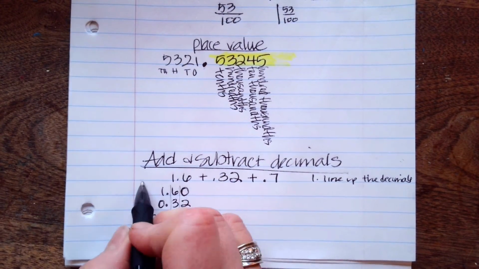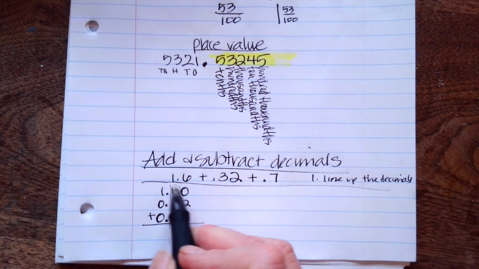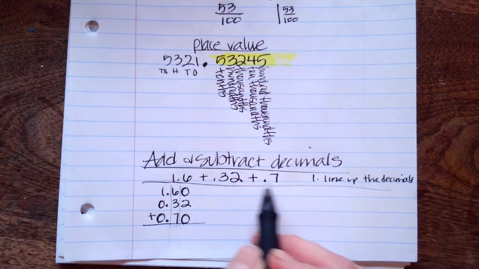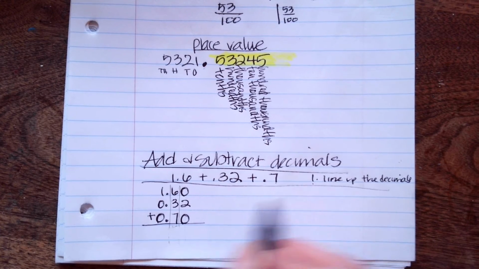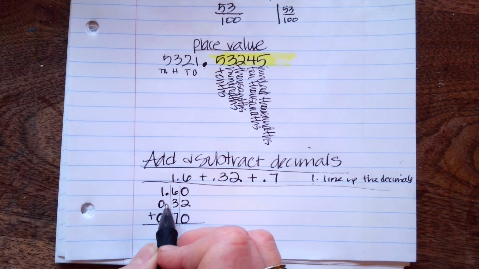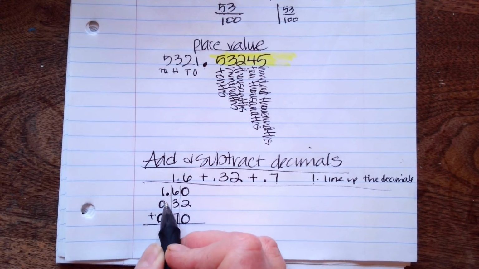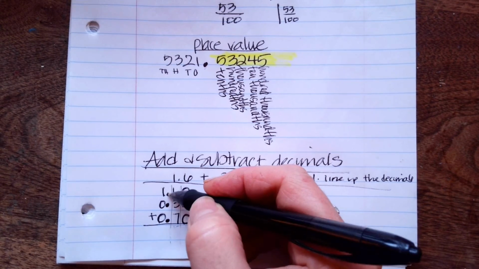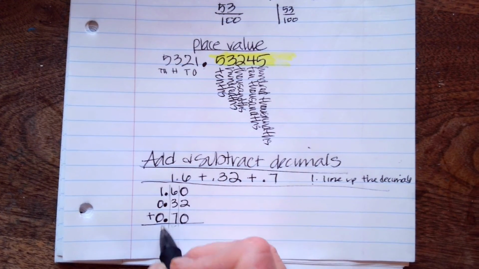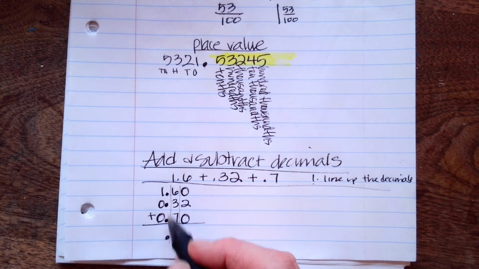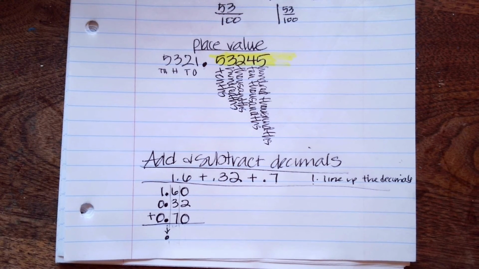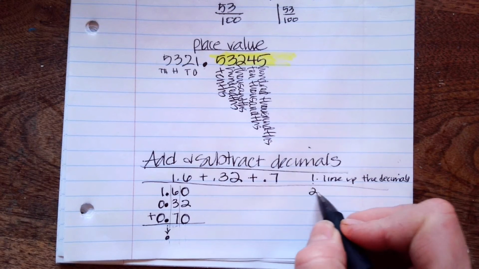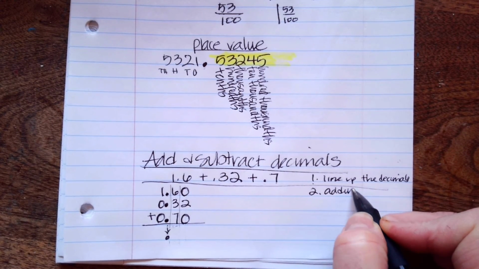But when we're adding, it's the first digit on the right. So we're going to add these up. Here's our problem: 1.6 plus 0.32 plus 0.7. So step one was to line up all the decimals so that all of the decimals are in a line. And our answer is going to be in the same exact spot as the rest of the decimals. Our second step is to do our adding.